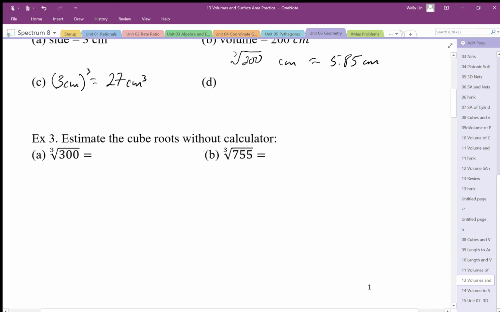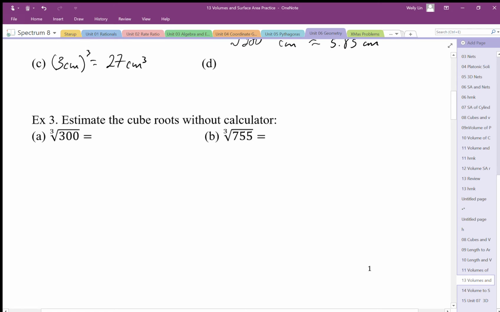We also want to be familiar with our cubes and cube roots without calculators, so we need to know the standards. If we want to know the cube root of 300, we have to be familiar with our perfect cubes. I'm just going to draw a number line here: 1, 2, 3, 4, 5, 6, and I'm going to go up to 7.